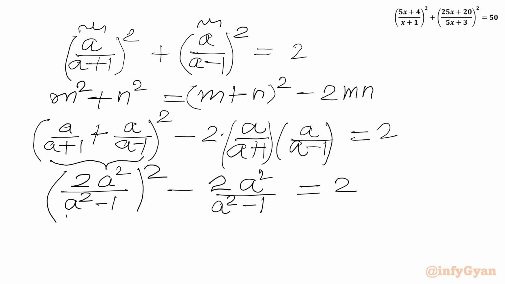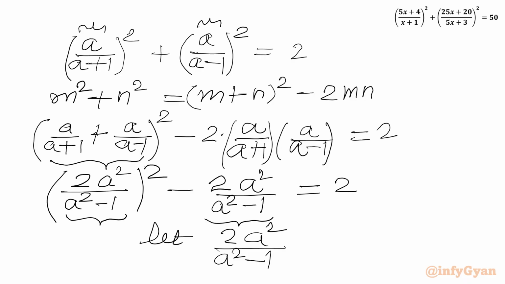now you can see this is one quadratic equation in 2a square over a square minus 1. So let us say 2a square over a square minus 1 equal to b, suppose. So this quadratic will become b square minus b.